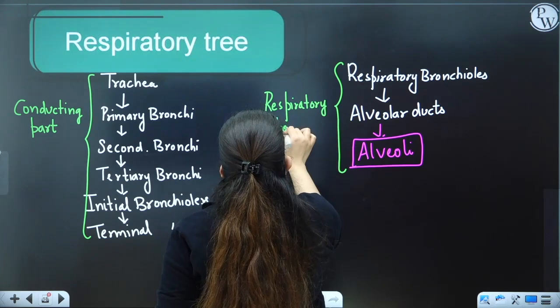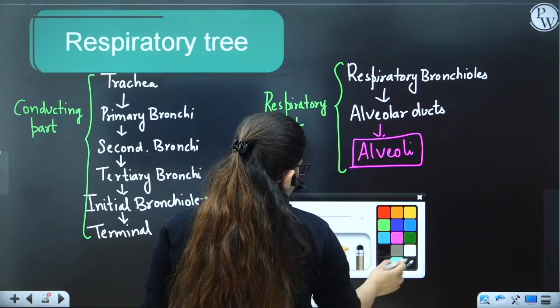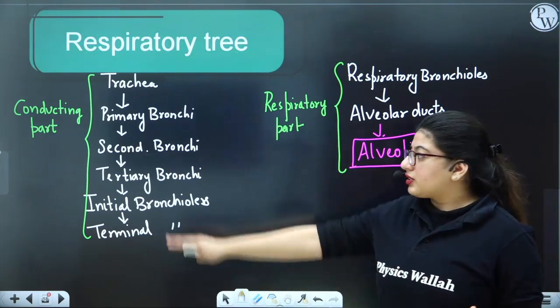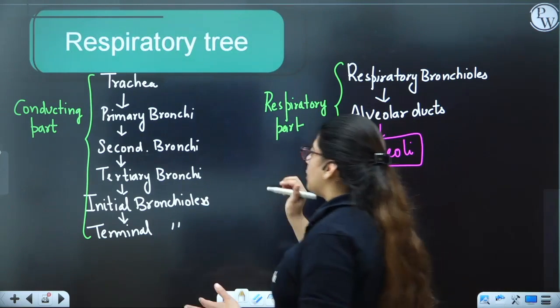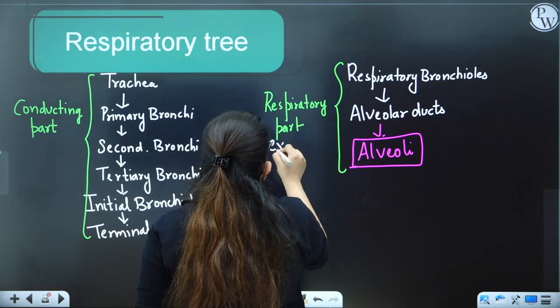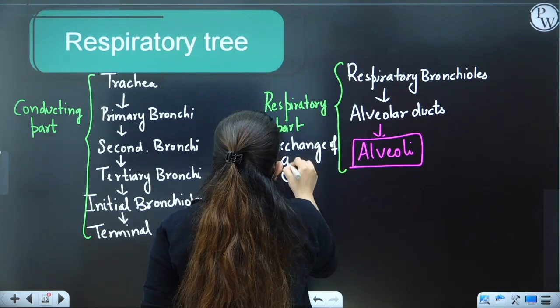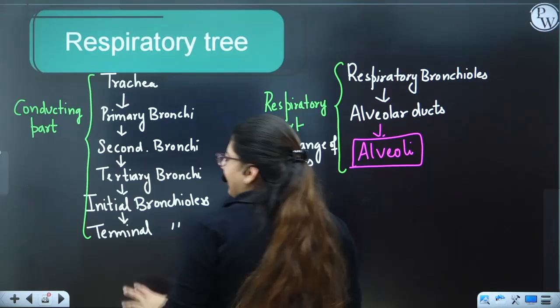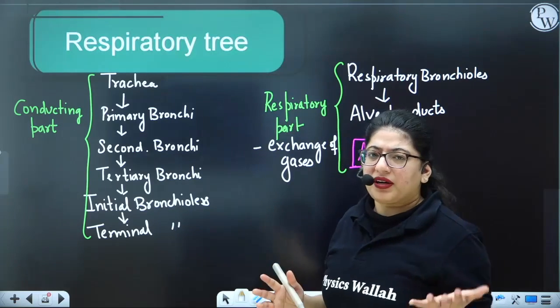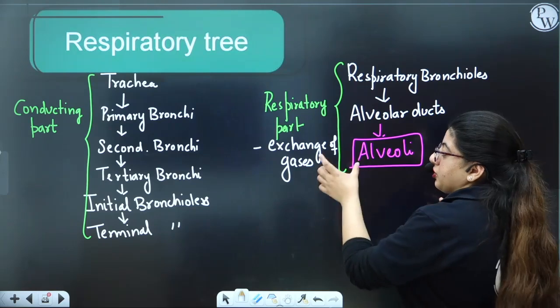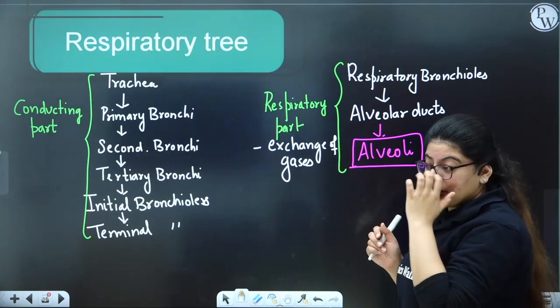If I ask which of conducting and respiratory is allowing the exchange of gases, that's not the conducting, that's the respiratory. So in the respiratory part, there is actual exchange of gases. Why? Because the conducting part is very thick and there is not much blood supply. Here it is thin and it has a lot of blood supply, so there is exchange of gases, right?